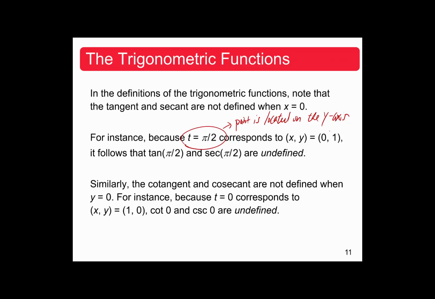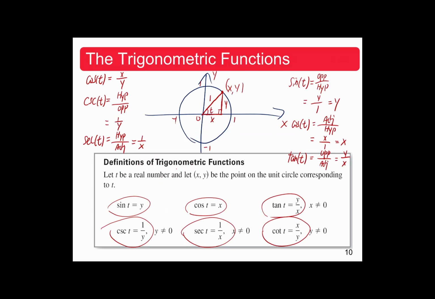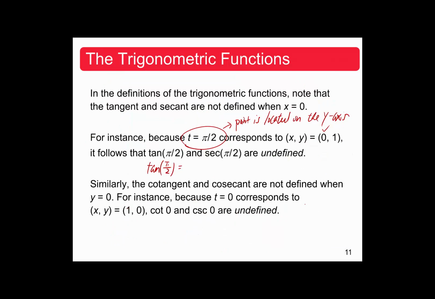On the y-axis, the x value equals 0, y equals 1, right? Okay, and then that follows tangent of pi over 2. Tangent is, if you look at the previous one, y over x, so y is 1, x equals 0, so that's undefined.